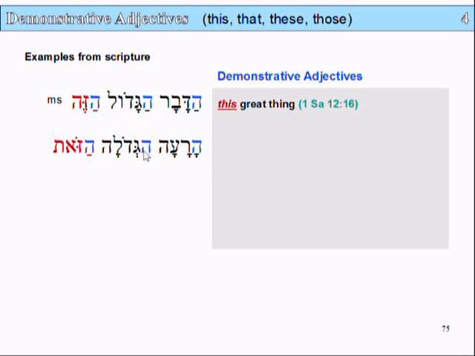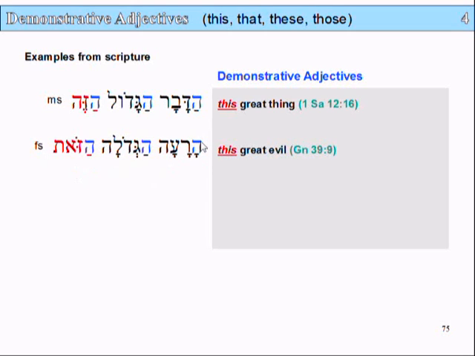And because this is feminine and this is feminine, the word for this is the feminine word for this, and that is zot. So this great evil in English. In Hebrew, the evil, the big or great, this, if you want to say it literally, hara'ah hagadalah hazot. It's just the way it works in Hebrew.